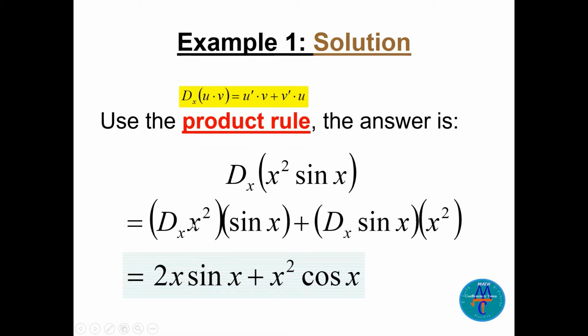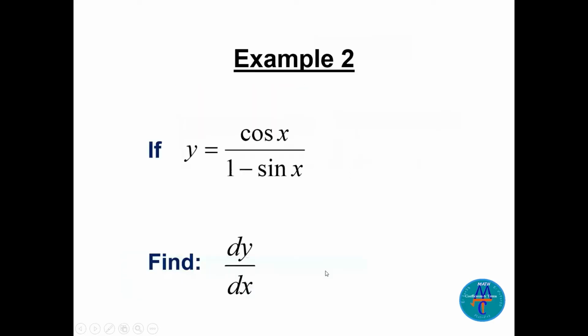So the derivative of x squared times the sine of x plus the derivative of the sine times the x squared. That's the product rule. So this will be 2x, that's a polynomial here, 2x times the sine of x, and the derivative of the sine is the cosine of x, so it will be x squared times the cosine of x. That's the whole derivative. So simple.